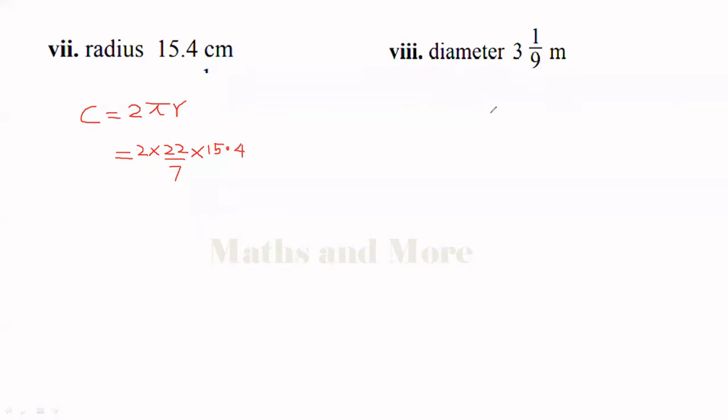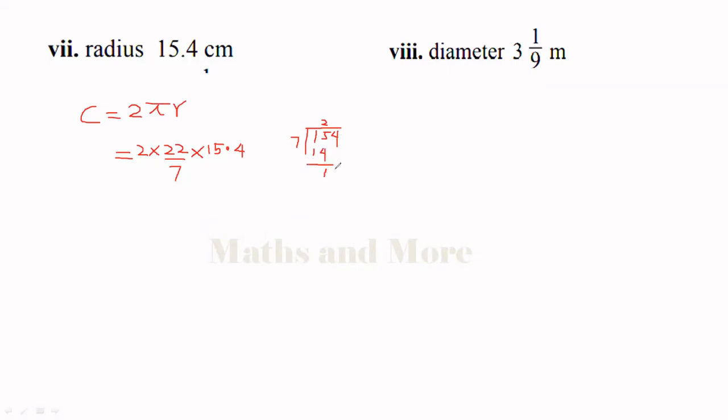How to simplify 15.4? Think about 154. If 154 is there, how do we divide by 7? 7 into 15, 14. 15 minus 14, 1.